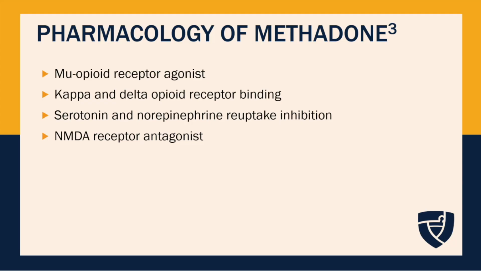So methadone is often used when there are combination components in the practices that I've seen, where it is visceral and other types of chronic pain as well as neuropathic pain combined. And it's also an NMDA receptor antagonist. This particular pharmacology of methadone is thought to help with opioid hyperalgesia reversal.